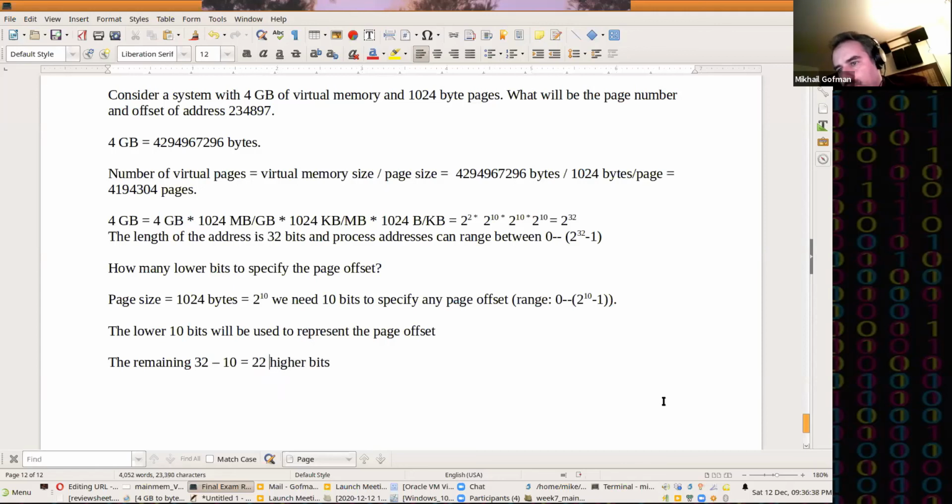It'll be equal to 22 bits that will be used to specify the page number.